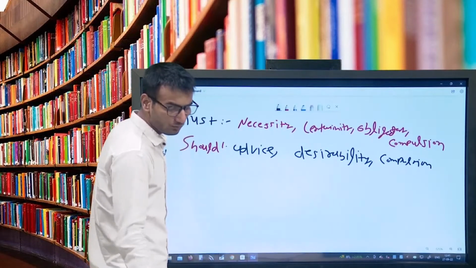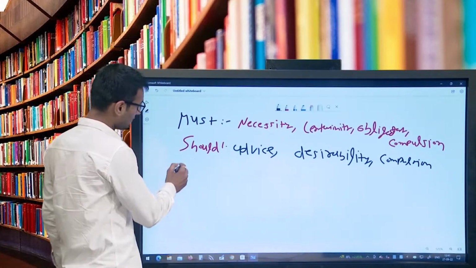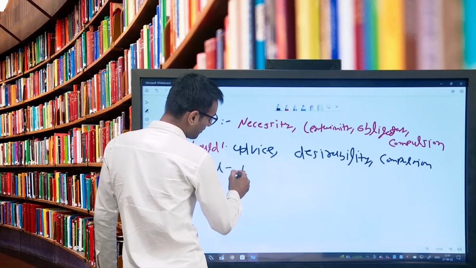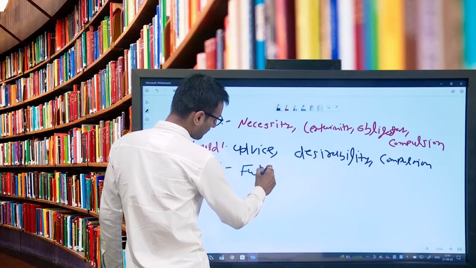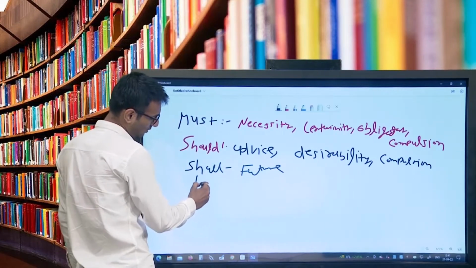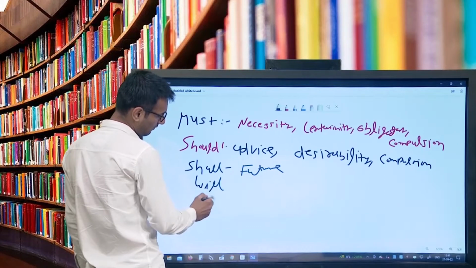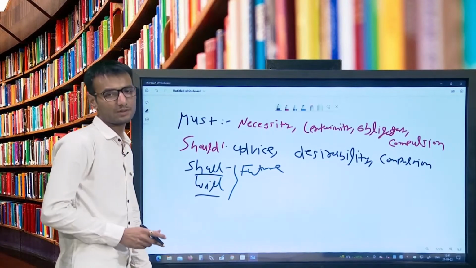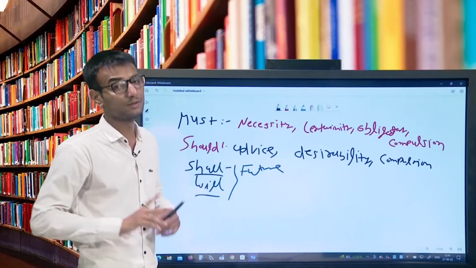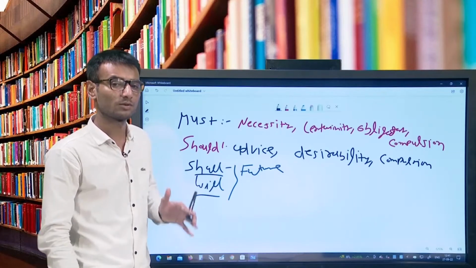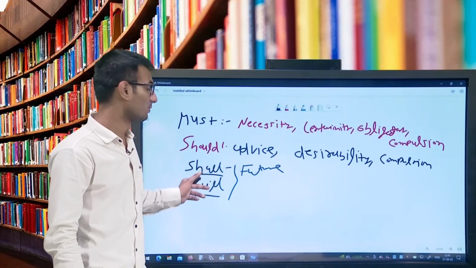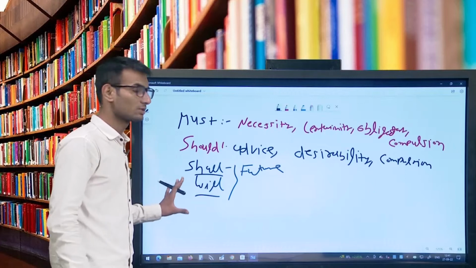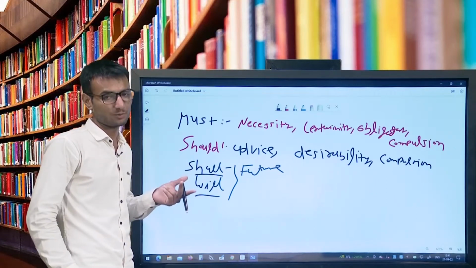Now, shall, which we use for future. These are the ones which we use for future purpose, like in future I will, we will do this. So these kinds of modal auxiliaries are used in the future tense. So shall and will, both of these modal auxiliaries are used from the future tense point of view.